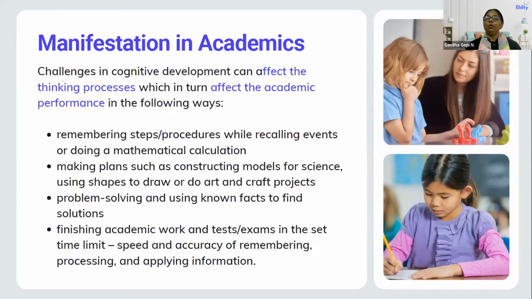Both should go hand in hand if you're trying to remember, process, and apply the information. And especially when you're reproducing it in evaluation or in academic work, or in more formatted evaluative assessments such as tests and exams. So being able to do all this requires a considerable amount of cognitive skill proficiency.